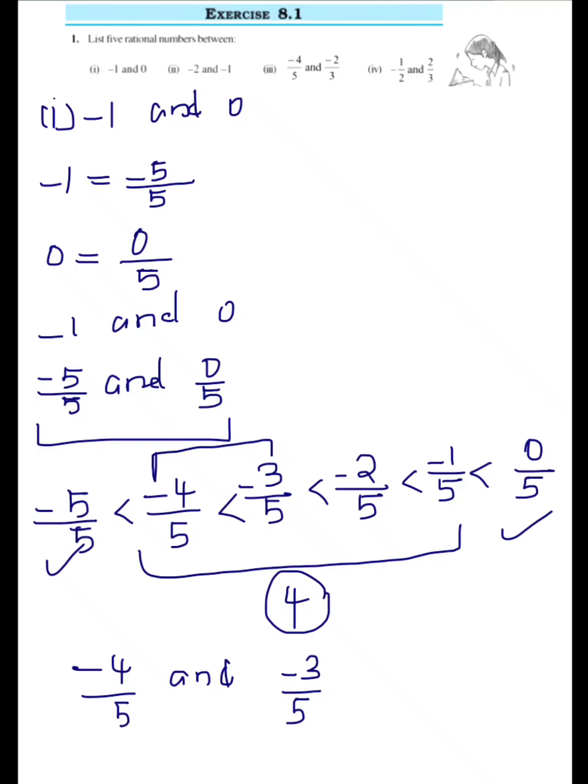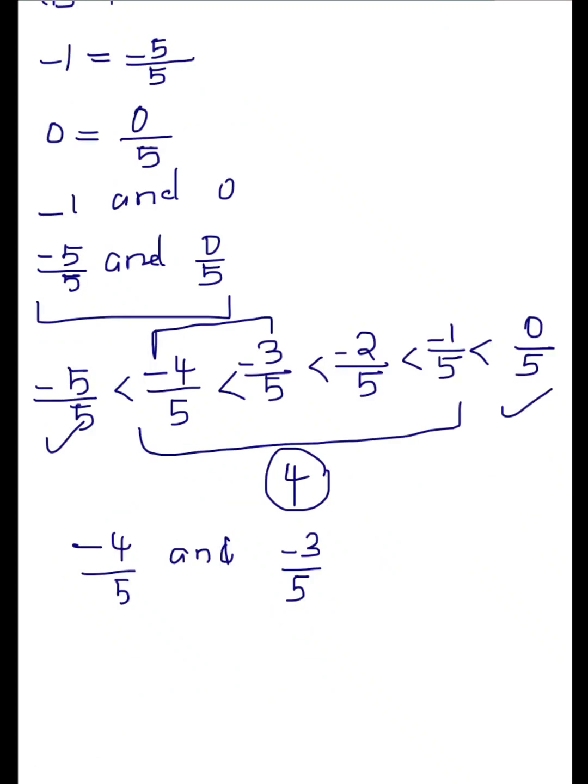For that you have to multiply both numerator and denominator by 2. That is, you can multiply minus 4 by 5 by 2 by 2. Here you can see it will become 10 in the denominator and minus 8 in the numerator.